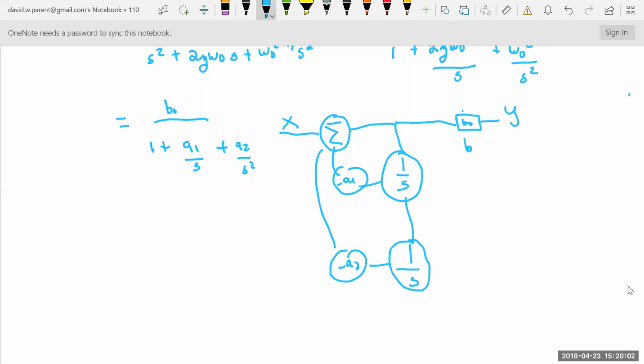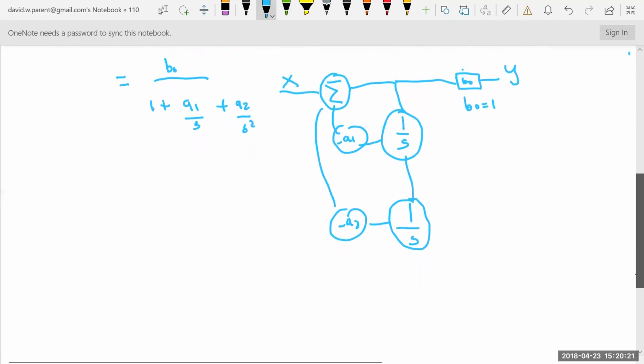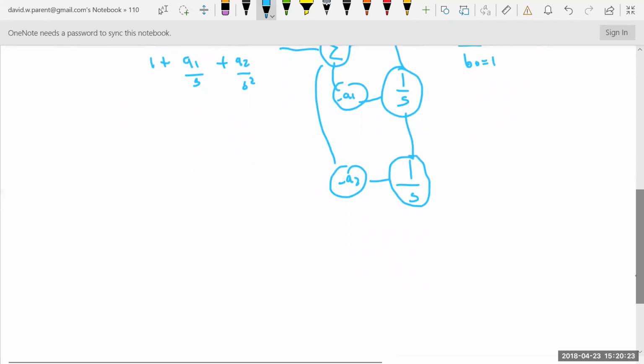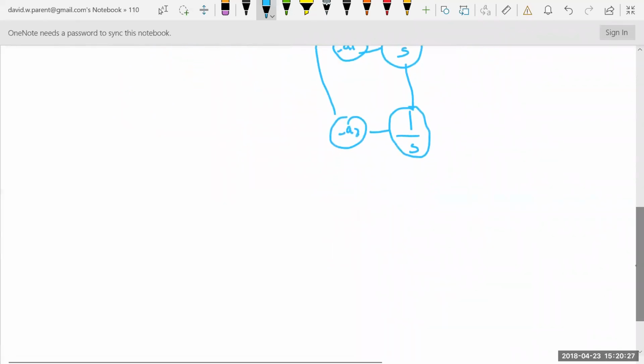Now B naught is equal to 1. Now in the homework solutions, which I'll post, I really did it. I found the R's and the C's. Okay, because sometimes when you're doing a solution, you really need to verify what's going on, right? And at home, yeah, I would suggest you verify things.